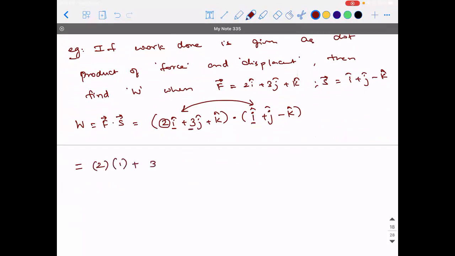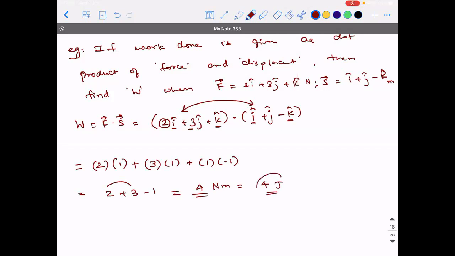Here the coefficient is 3 and here the coefficient is 1, plus. Here the coefficient is 1 and here the coefficient is minus 1. So 2 plus 3 minus 1 is how much? Is 4. Generally, if it is taken in Newton and this is taken in meter, it is 4 Newton meter or 4 joule. Okay, that is the amount of work done. Clear, guys?